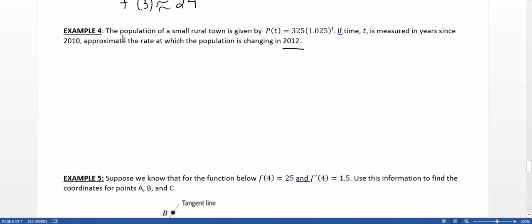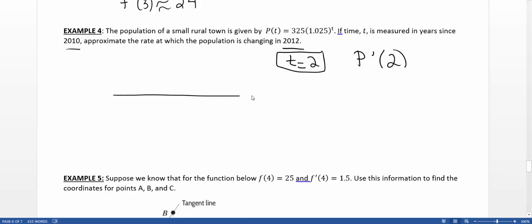So 2012 is 2 years after 2010, which means that I'm trying to figure out what's happening at time equals 2. I could also write the thing that I'm finding as P prime of 2, so the instantaneous rate of change at 2.